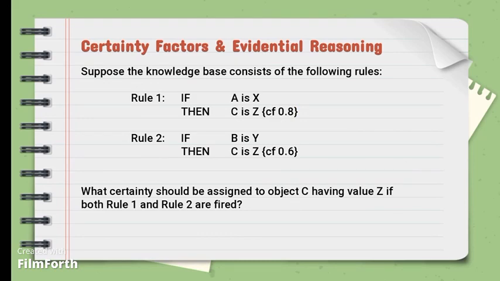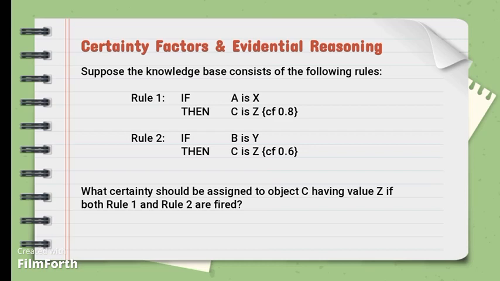Suppose the knowledge base consists of the following rules. Rule number 1, if A is X, then C is Z, which has the certainty factor of 0.8. Rule number 2, if B is Y, then C is Z, which has the certainty factor of 0.6.